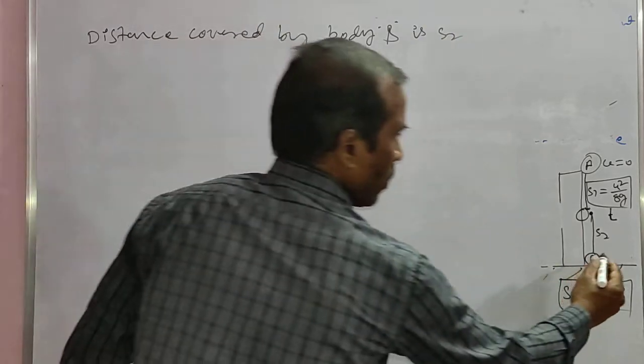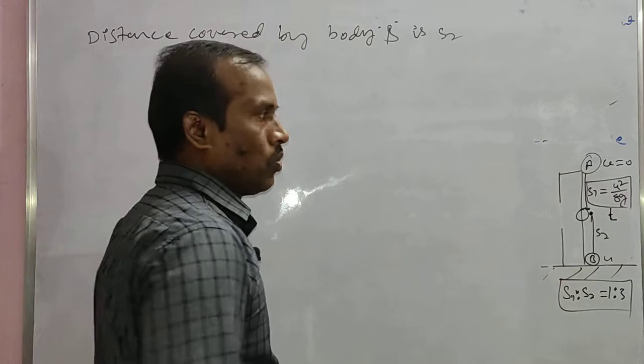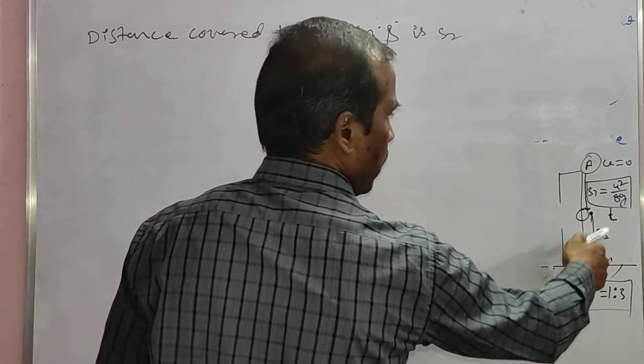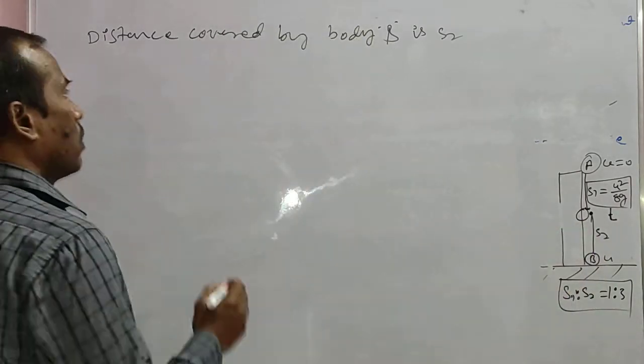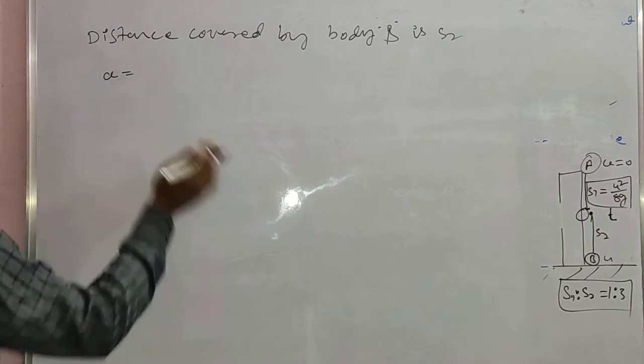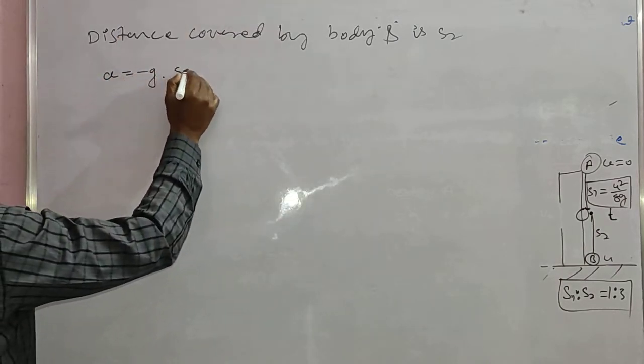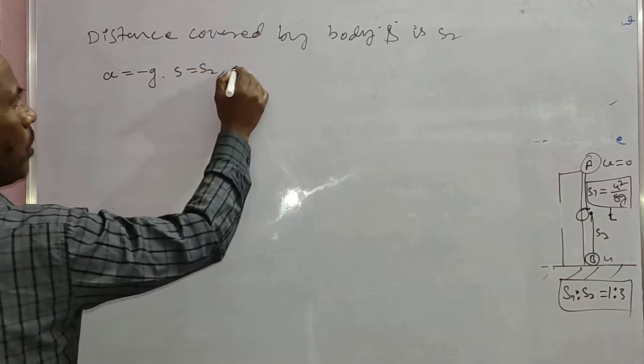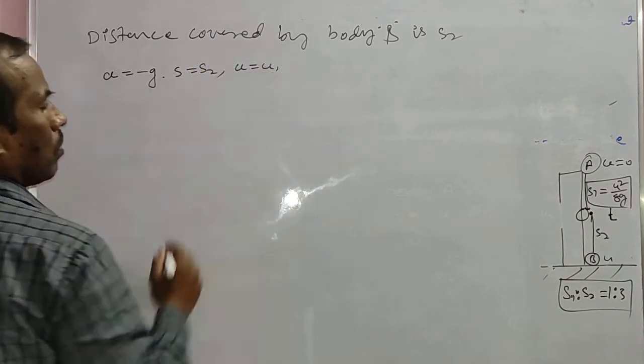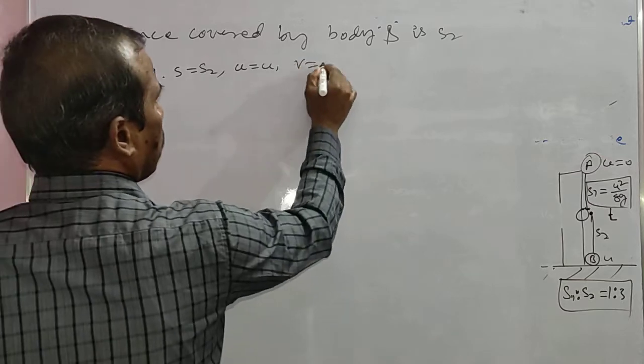Initial velocity is u. Next, at a time t, the displacement is S2. The body is moving in the upward direction, so a is equal to minus g. Here s is equal to S2, initial velocity is u, and the final velocity we don't know.